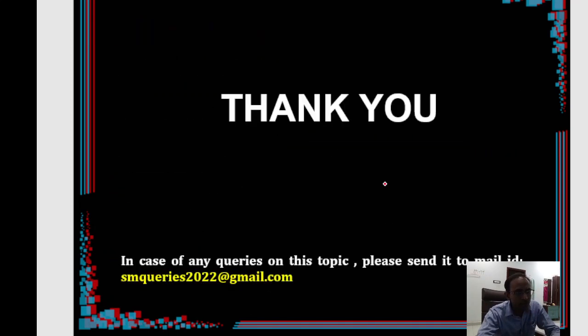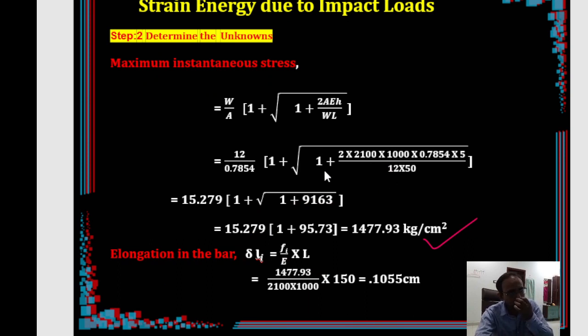Using all the values that are given, when we substitute, we will get the solution. Here Fi by E times L is the elongation.